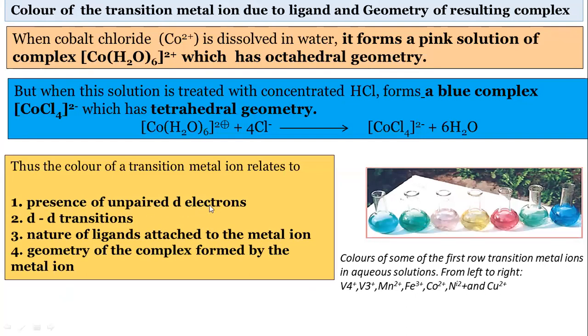If unpaired d electrons are there, then it will be colored. The second factor responsible for color is dd transition. Dd transition means the splitting of d orbitals, which I also explained in this chapter.